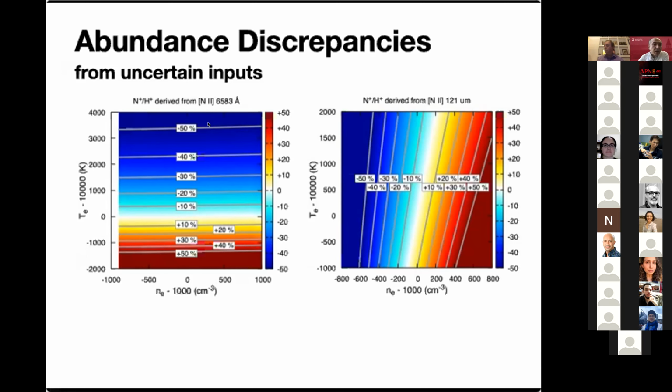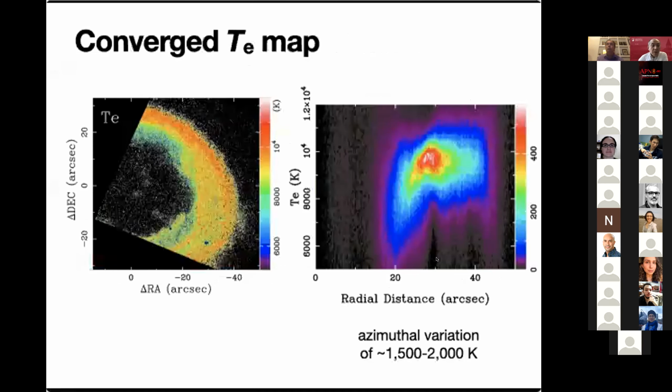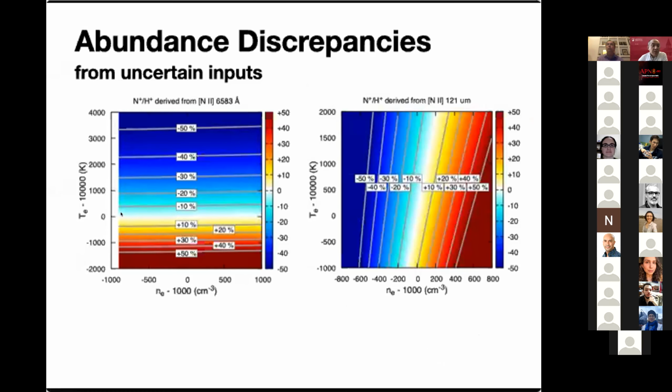This is the case of N plus abundance obtained from the N2 6583 line, assuming the true density is 1000 cc and the true temperature is 10,000 K. This is temperature, so let's go back to the temperature map. The temperature spread is about 1500 to 2000 K, so let's call it 1000 up and down. If you are 1000 degrees off, up or down, you get a 20% underestimate or a 30% overestimate, right?